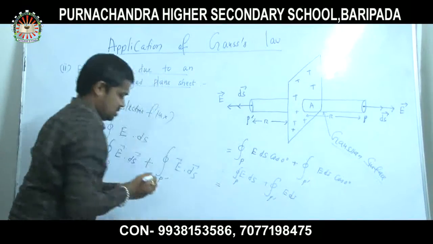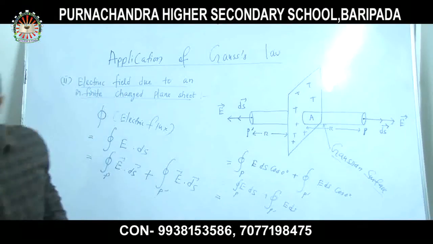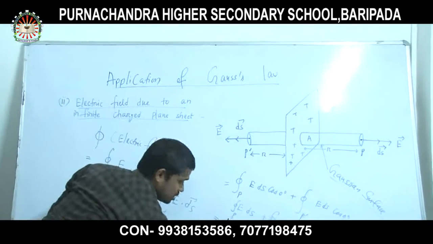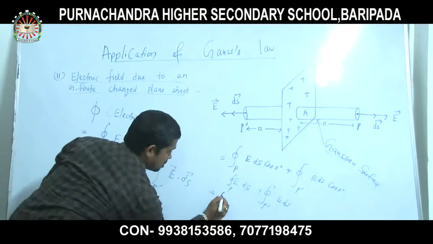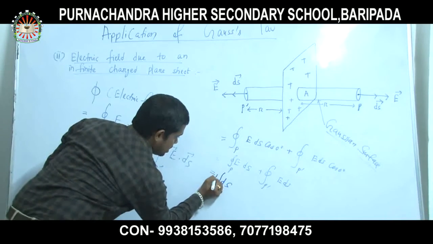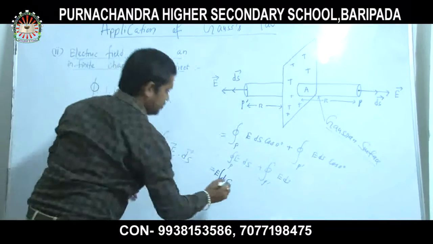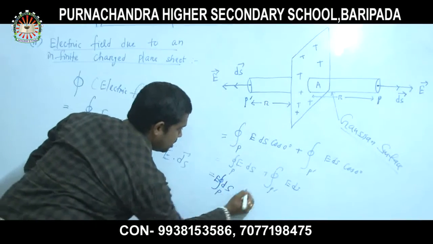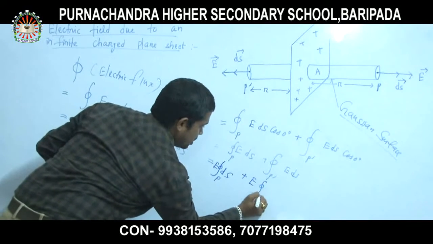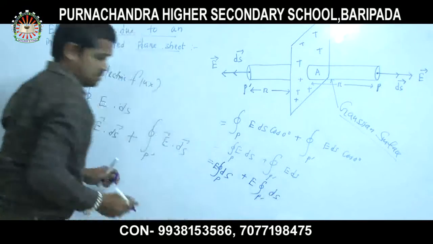So that's why, let us take the E outside. E times close integration over P of ds plus close integration over P dash of ds.